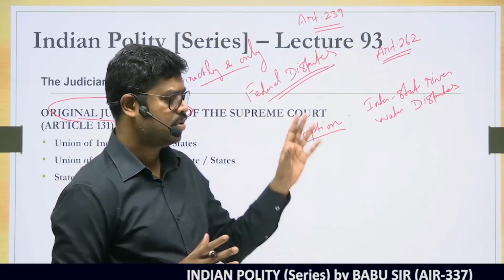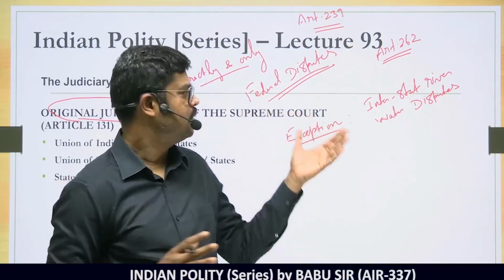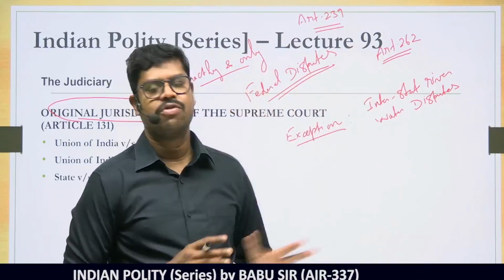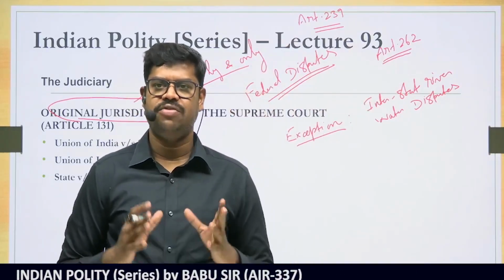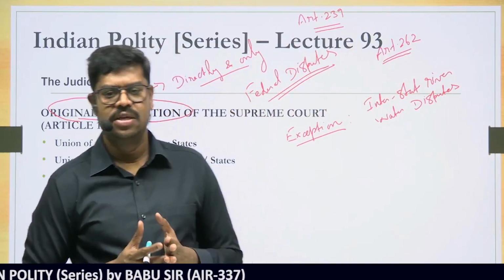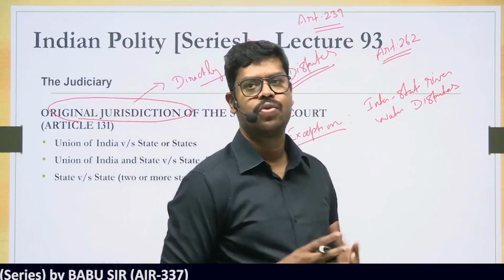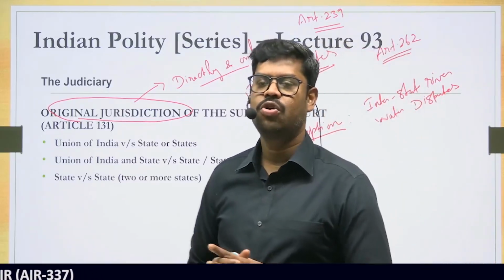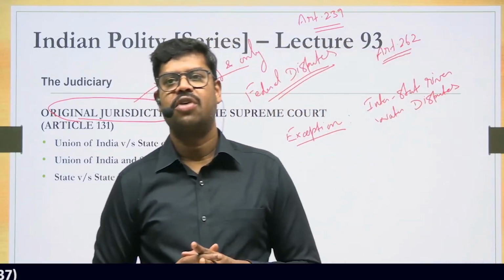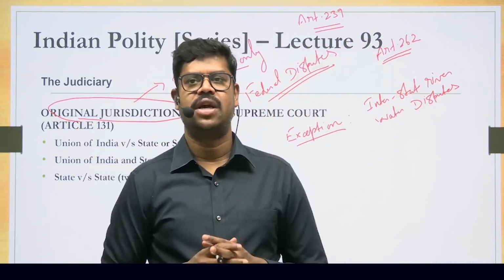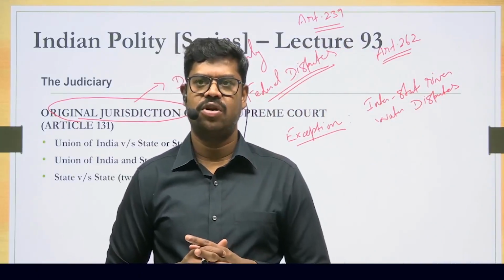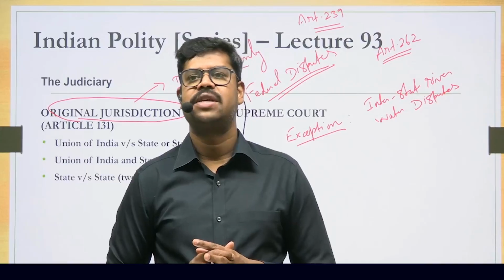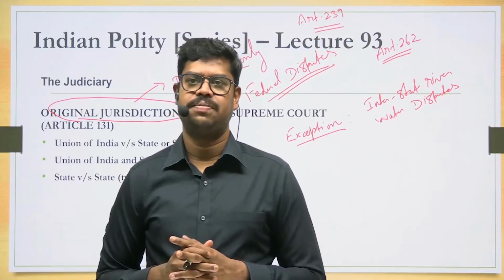Let me just explain it again. In case of interstate river water disputes, such disputes shall not fall under the original jurisdiction of the Supreme Court, but rather such disputes shall be challenged only in front of such an authority as may be established by an act of parliament.